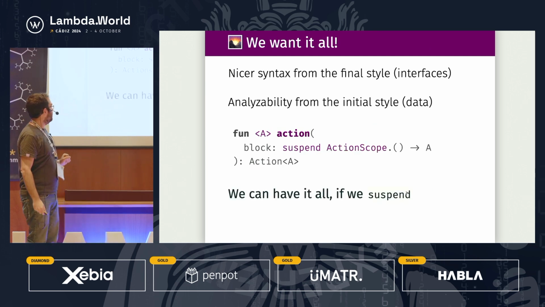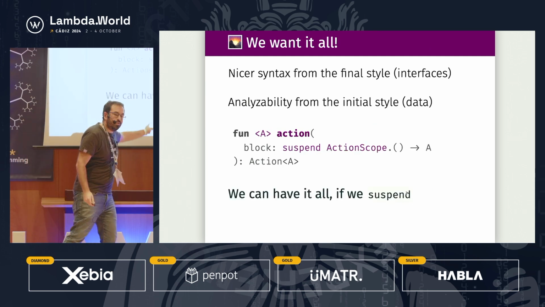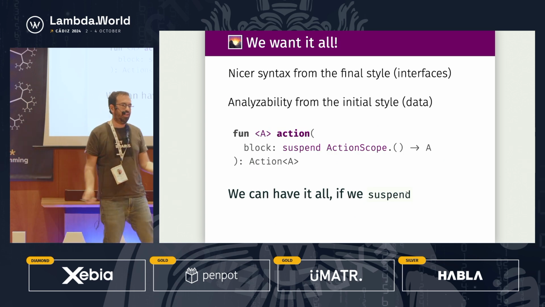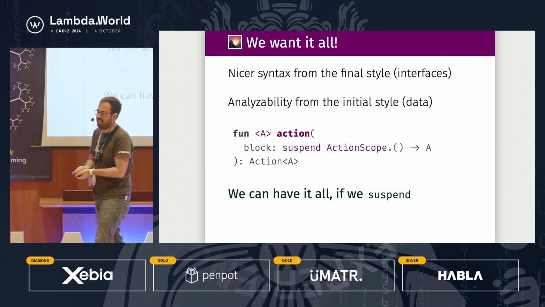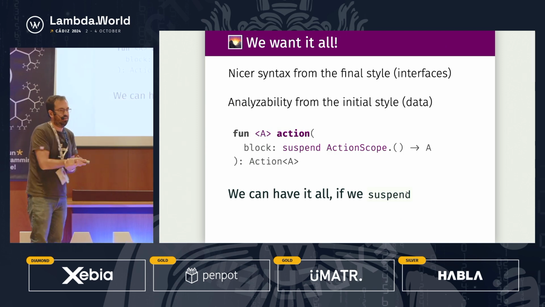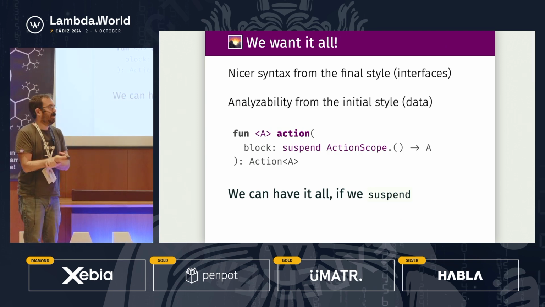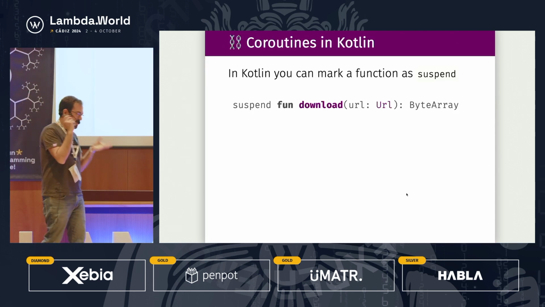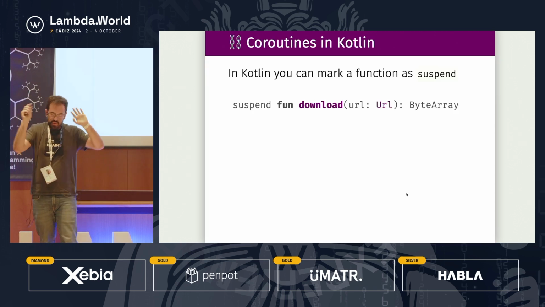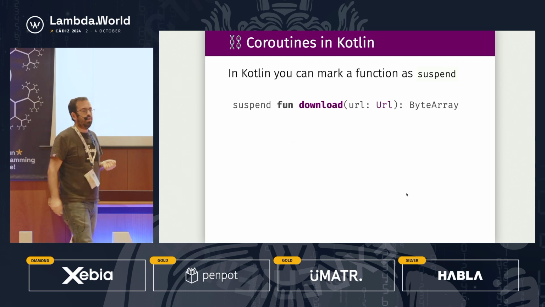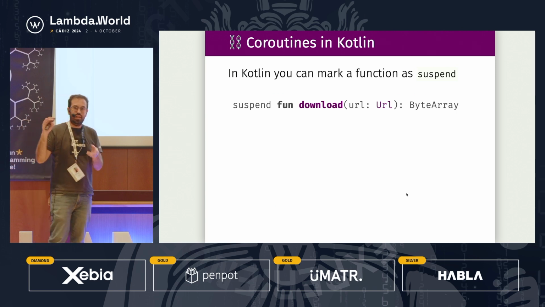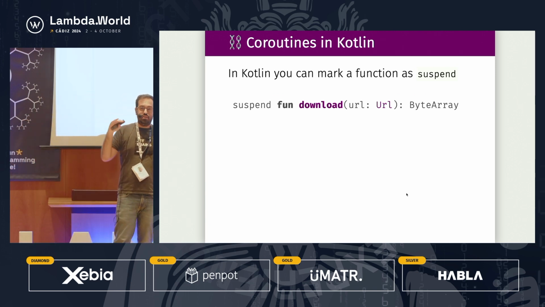We can actually do this if we add this suspend thing, which is what brings coroutines and continuations into all this game. So let me briefly talk about what suspend does in Kotlin and what coroutines are all about. The idea is that in Kotlin you can mark functions with this suspend keyword, and you can essentially think of it as a bit like the async/await paradigm.